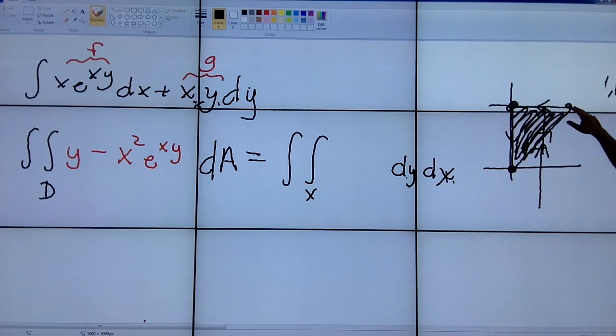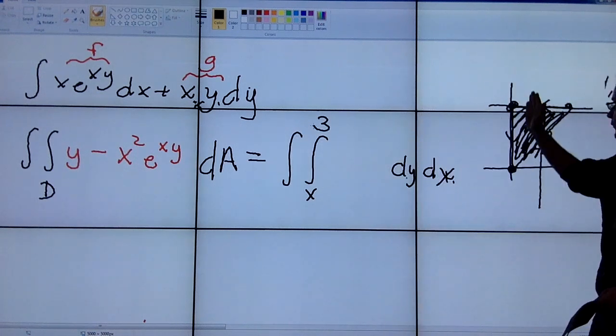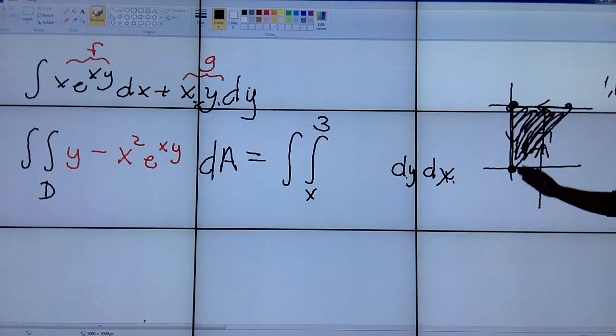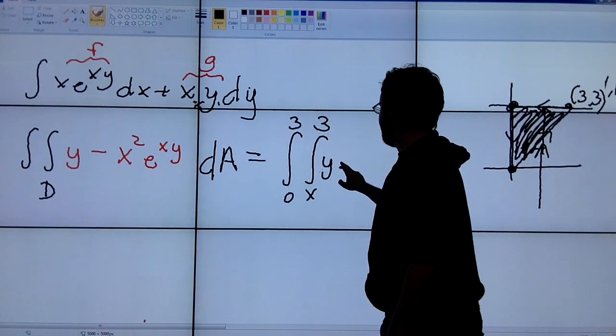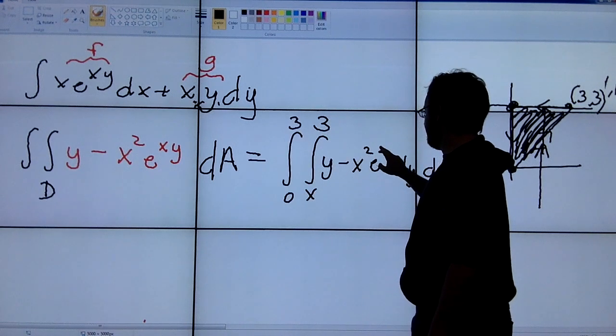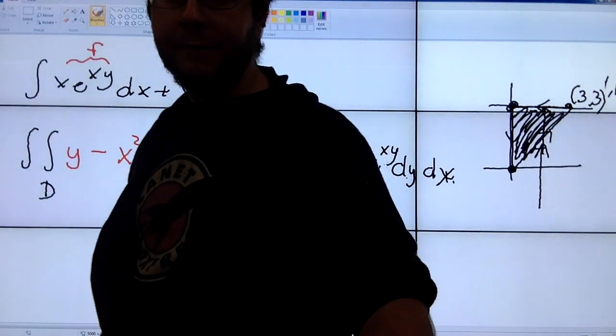This is the horizontal line y equals 3, so I hit 3 as I leave. What's my leftmost value of x? 0. What's my rightmost value of x? This coordinate is 3, 3, so my rightmost value is 3. So my bounds on x go from 0 to 3. And I'm going to do the integral of y minus x squared e to the xy over those bounds.